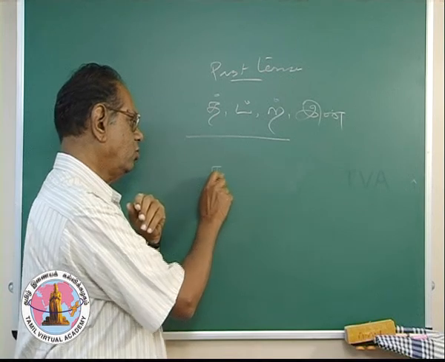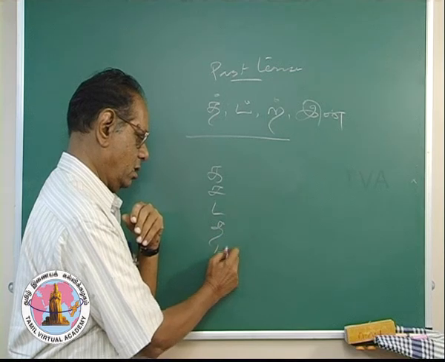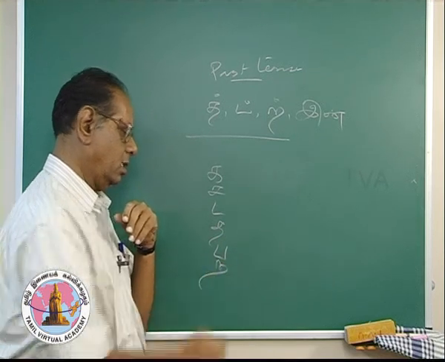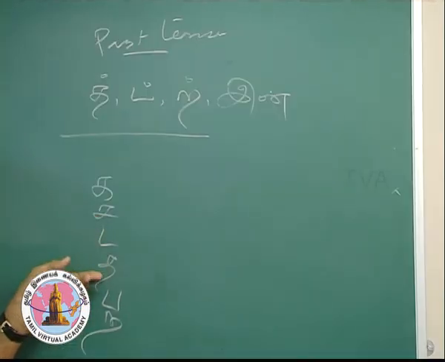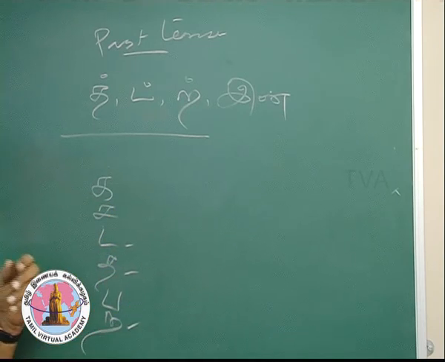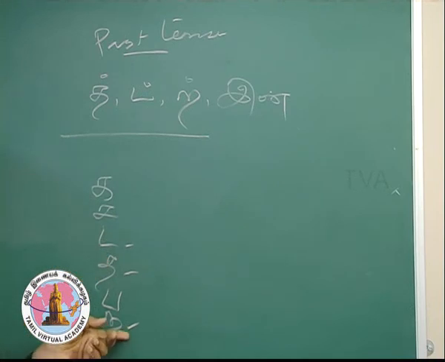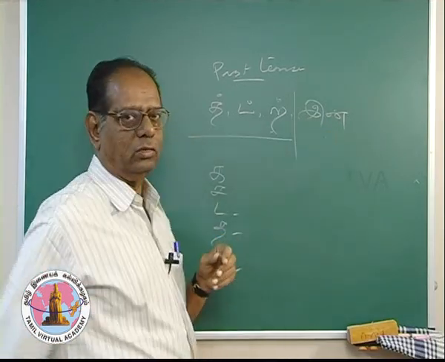Do you remember the hot sounds? These are the hot sounds. Ka, cha, ta, ta, pa, ra. The consonantal vowels. When you put a dot above, it becomes a consonant. So, these three we find, and there is a relationship between these two also.